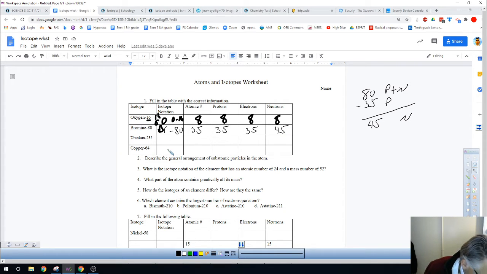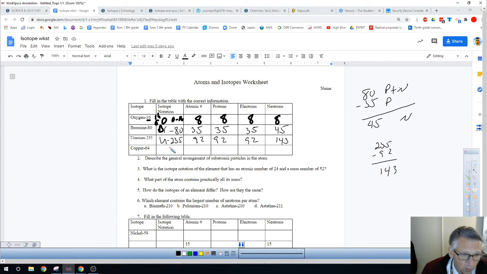Uranium 235, so that's going to be U235. Its atomic number, uranium, is 92. So it's going to have 92 protons and 92 electrons. And 235 minus 92 gives us 143 neutrons.